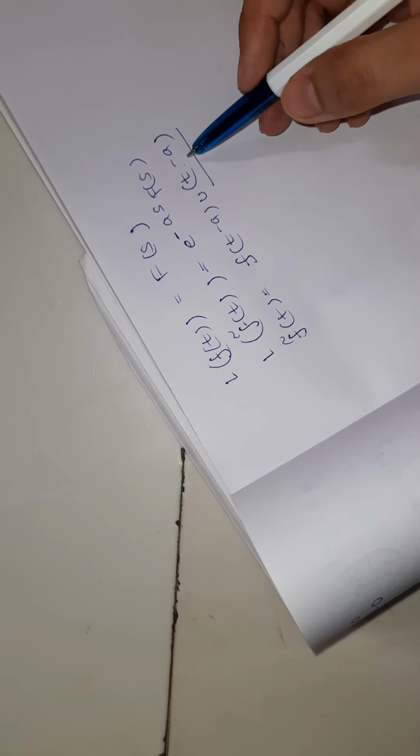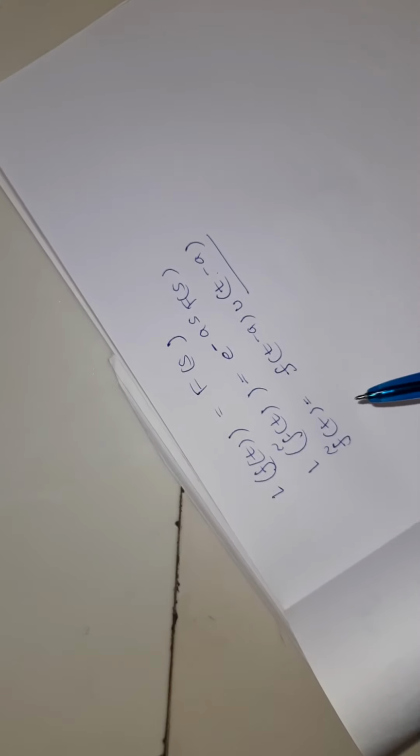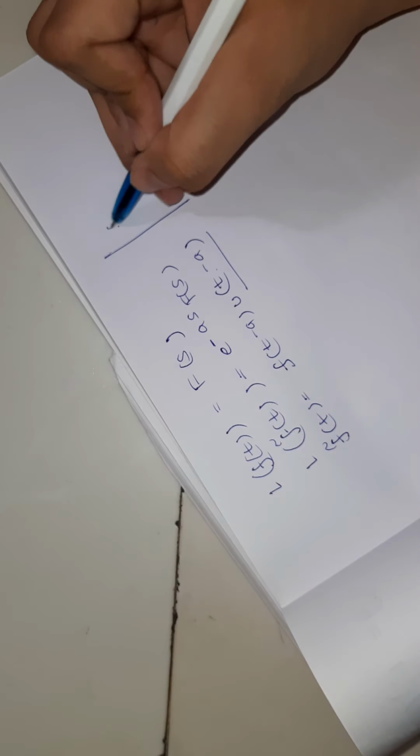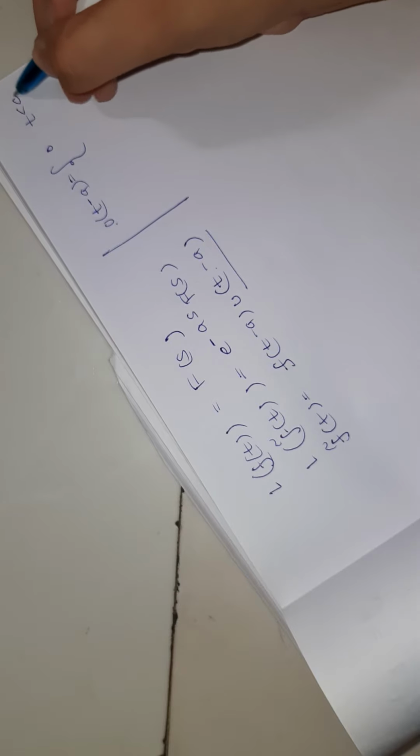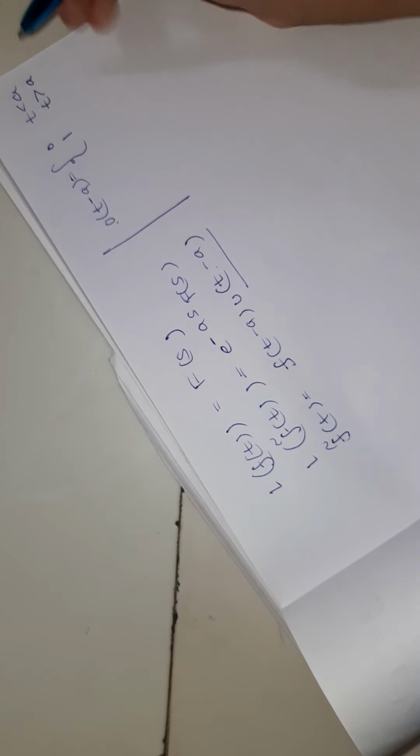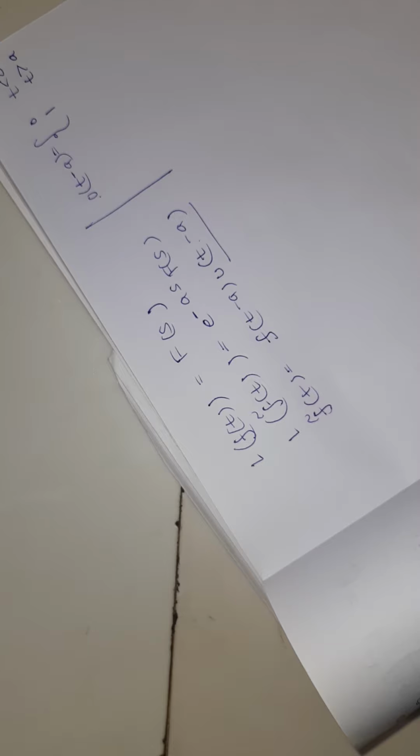So the property of u of t minus a is that it's 0 before a and 1 after a, so that's why I'm calling it a switch.